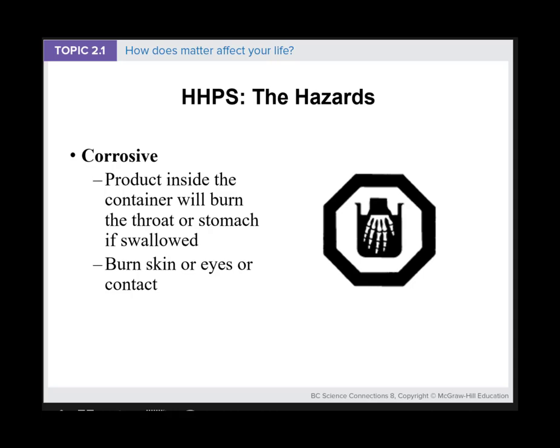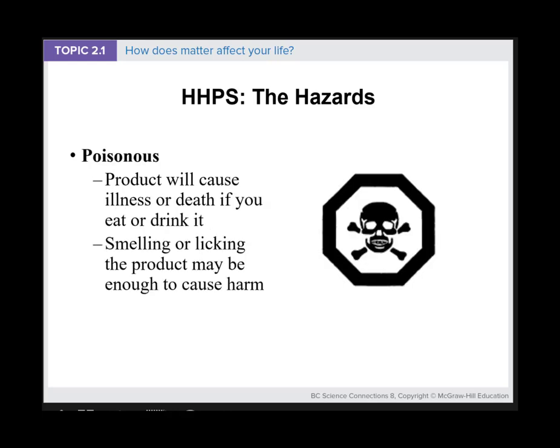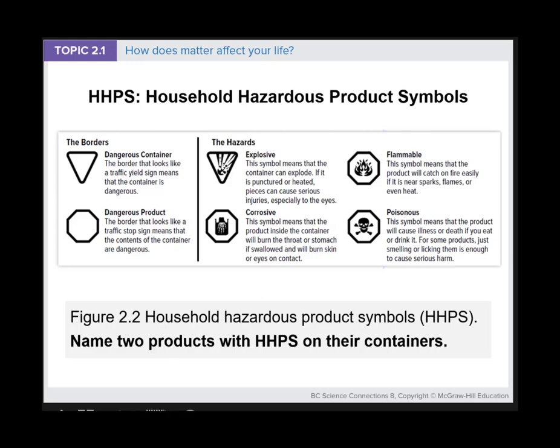Oops, I made a mistake earlier. This was, of course, corrosive. It says product inside the container will burn stomach, throat if swallowed, burn skin or eyes on contact. Flammable, product will catch on fire easily if exposed to sparks, flames, or heat. Poisonous products will cause illness or death if you eat or drink it. Smelling or licking the product may be enough to cause harm. And I think everybody knows not to smell or lick chemicals. So there's the borders, and these are the hazards.